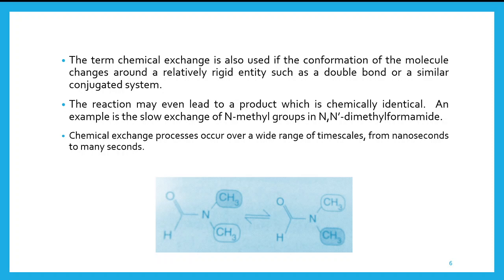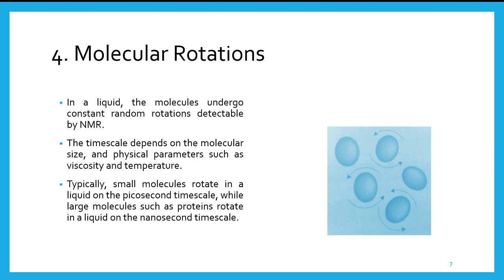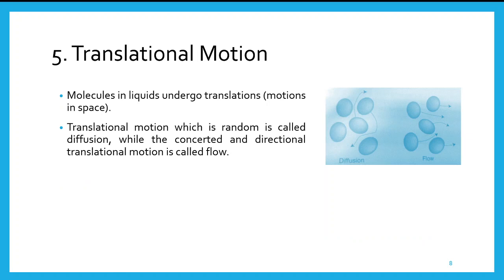If you see some kind of intricacy in the spectrum, that can be attributed to this movement. That can be very useful when you have molecules that undergo these chemical exchange processes. And so you have these rotations, you have translation, and so on.